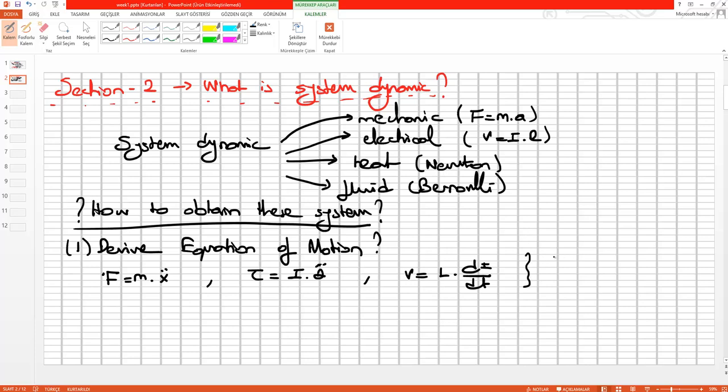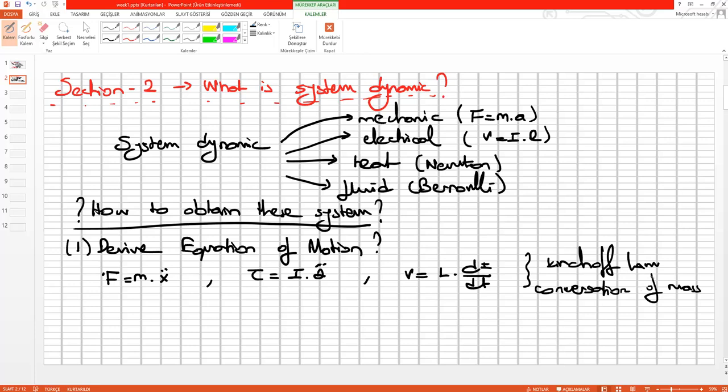But we should always apply the Kirchhoff law, or as we know, the conservation of mass. The total energy is always the same for this system, and then we get the dynamic equation, which is derived from the Kirchhoff law or the conservation of mass rules here.